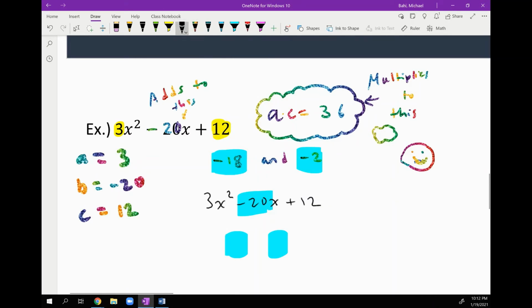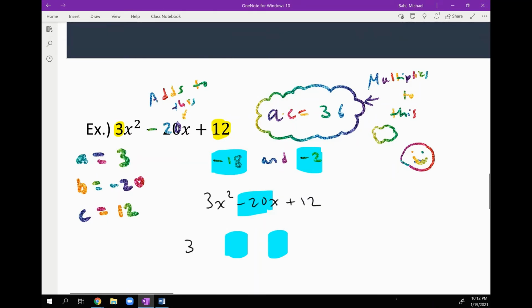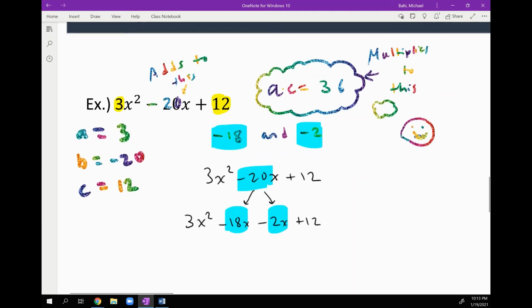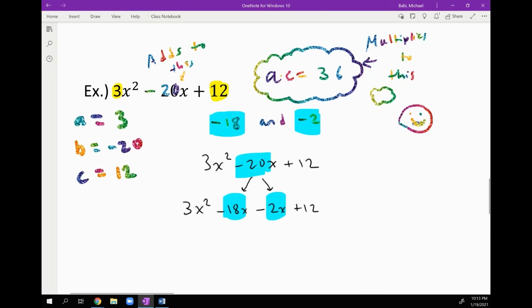Okay, so I have the 3x squared minus 18 and then the minus 2. And of course, we have to add an x next to both of them. And then plus 12. So it's kind of like we're combining like terms, just for the middle part. And what that does is that it gives us 4 terms.